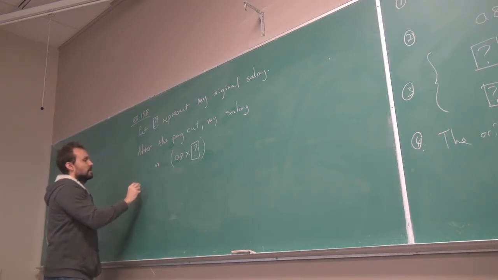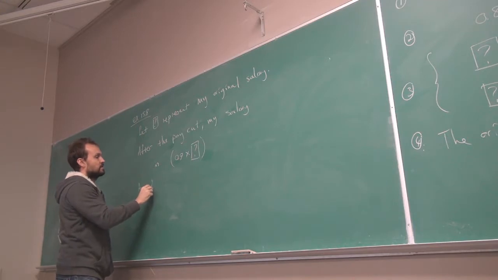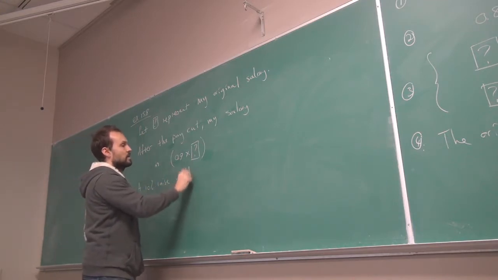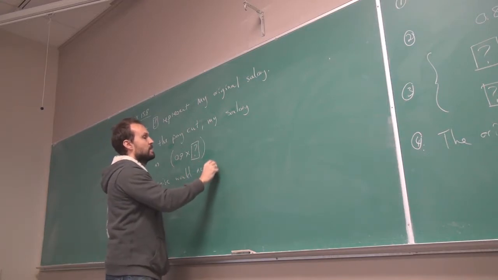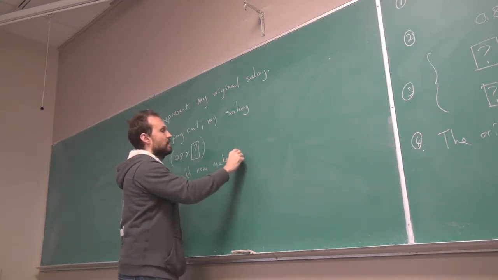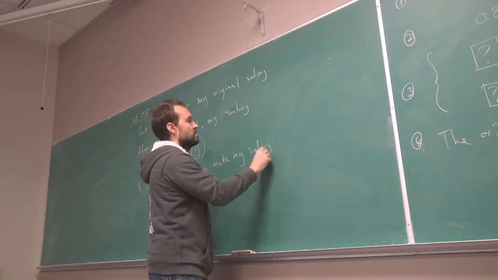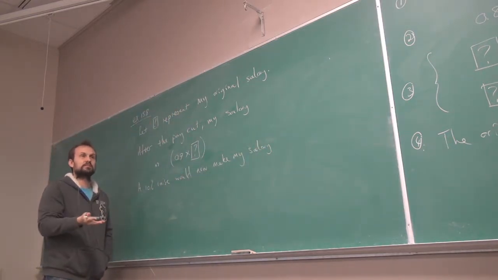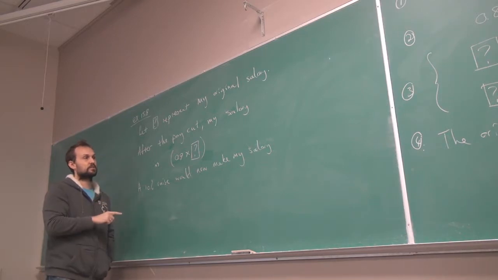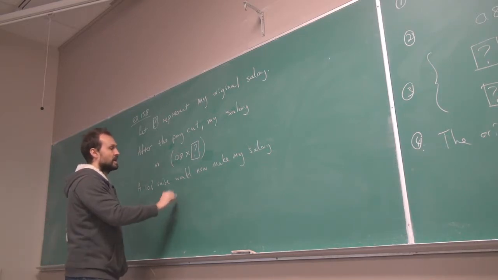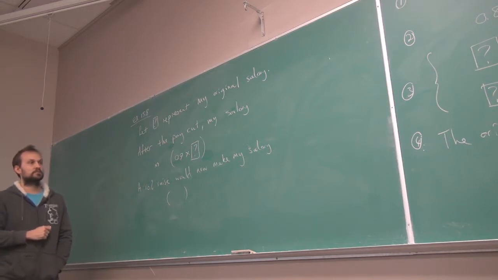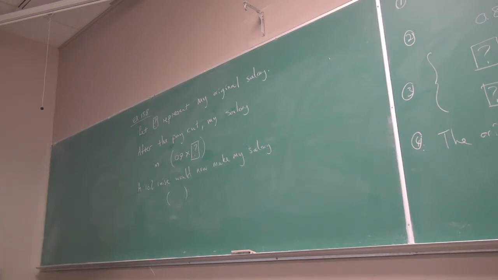So let's say here a 10% raise would now make my salary, not what in terms of a number because can't say the number, but I can say the calculation. What is the calculation? Well, it's whatever my salary was. What do I do with my salary to raise it 10%?